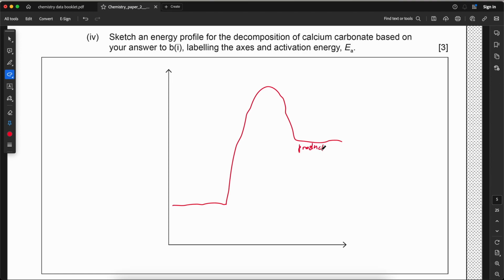So this is the product and this is the reactant. This would be the activation energy, this would be potential energy, and this is the progress of reaction.